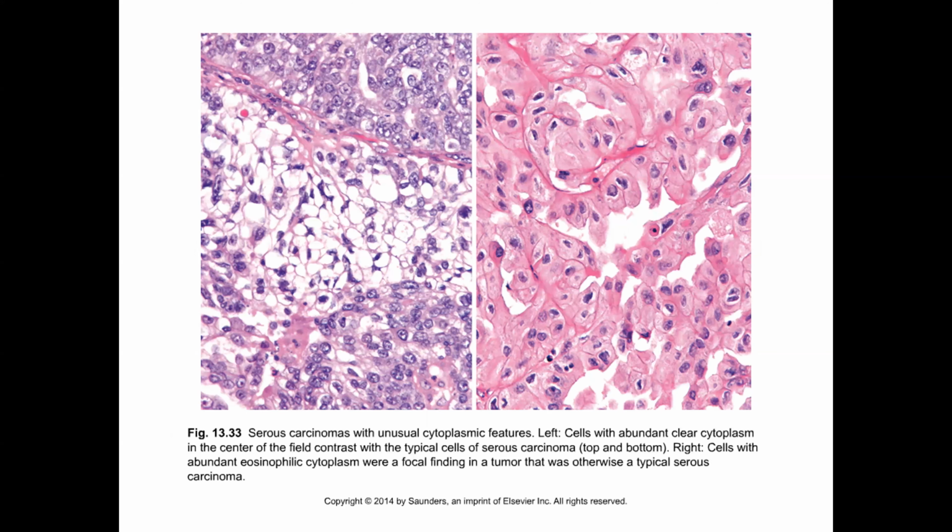So here are some examples of a high-grade serous carcinoma with some clear cell-like areas, as we see here, and another with more eosinophilic granular cytoplasm that might be mistaken for squamous carcinoma or endometrioid carcinomas, for example.